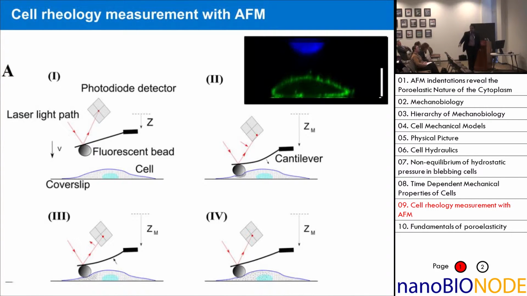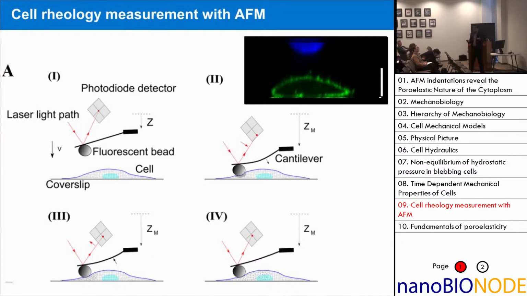We press the cell with high speed. We press at quite high speed, and we hold the bead on the cantilever on top of the cell, and we look at the force relaxation. So looking at the pressing mode or indentation mode, we can have an idea about the elastic modulus.